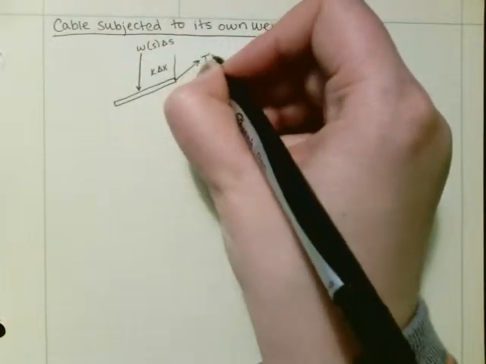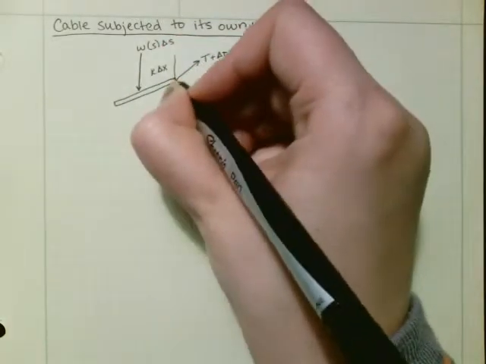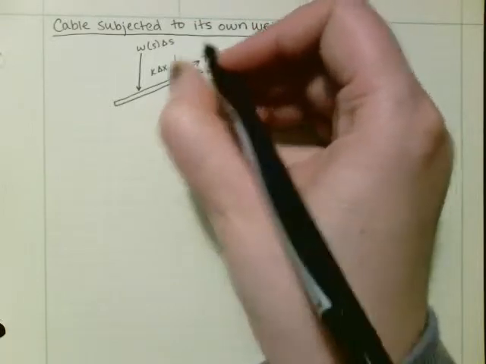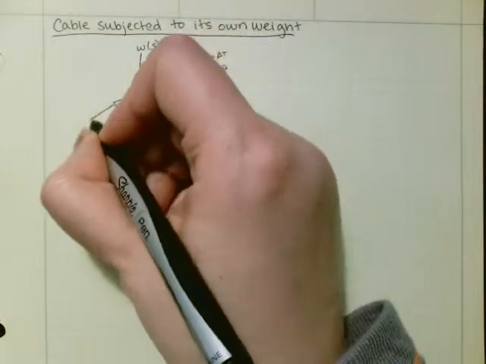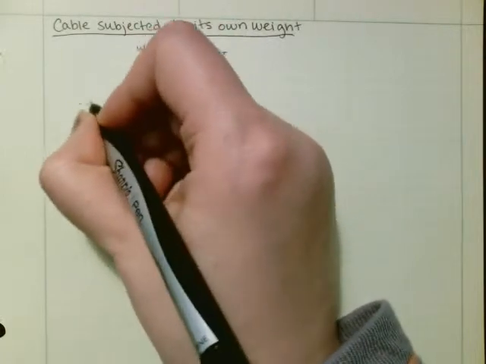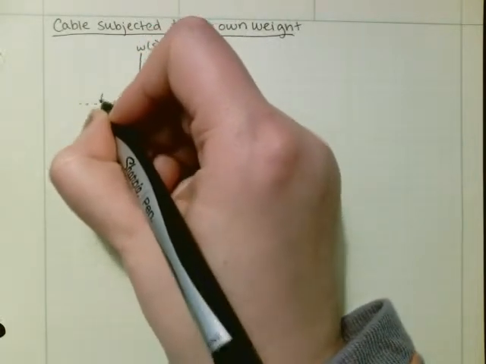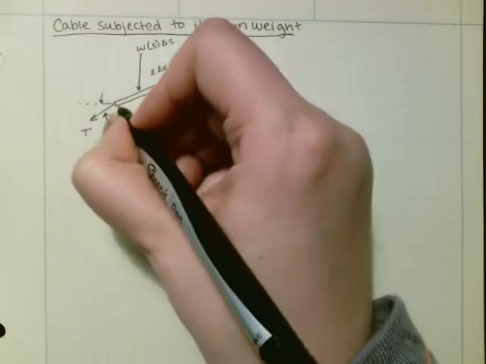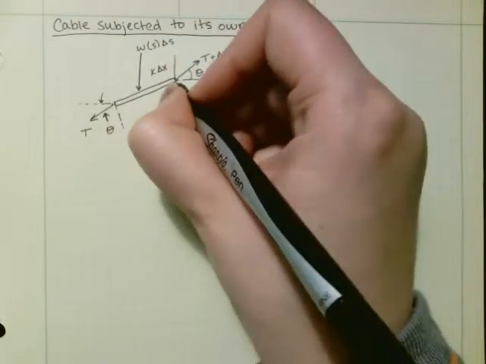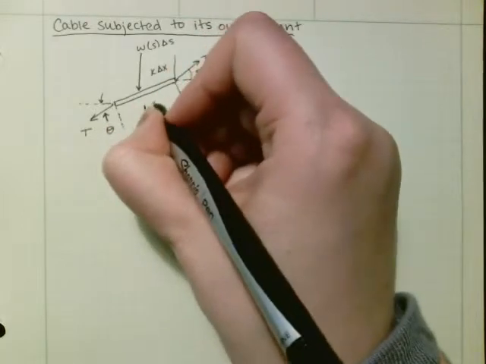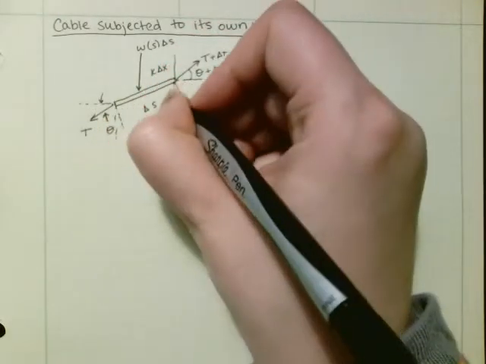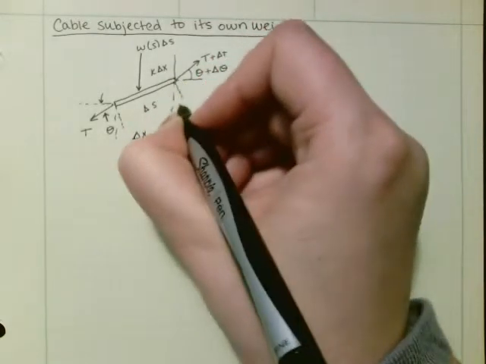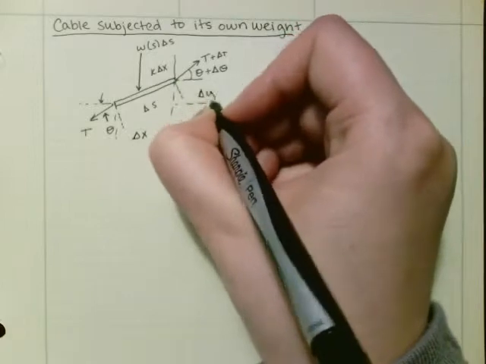We're going to have T plus delta T, theta plus delta theta, and down here we'd have T, theta. This would be our delta s, this would be our delta x, and right here would be our delta y.